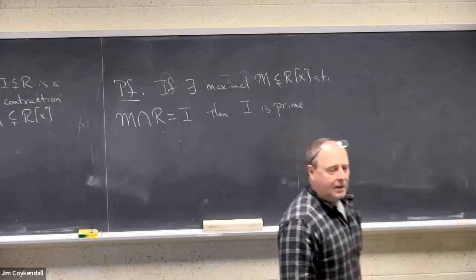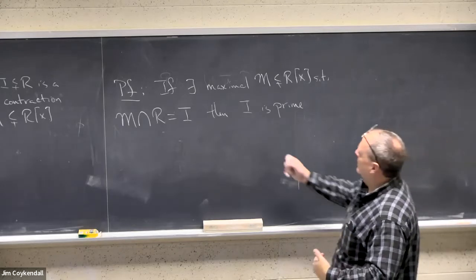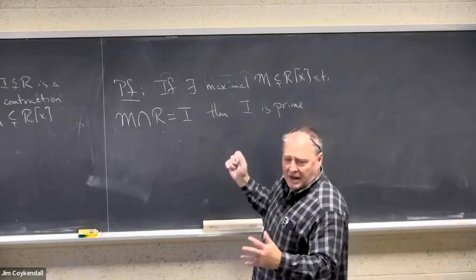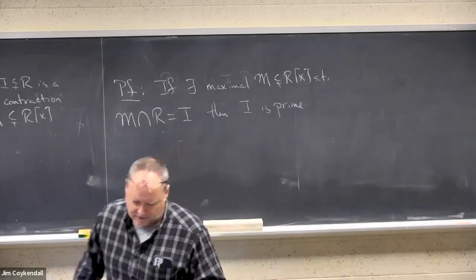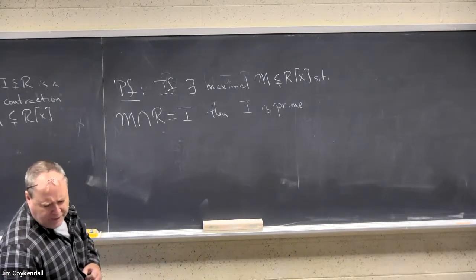Then I is prime. Why is I prime? Well, because M is maximal, and I showed you before that if you have any prime ideal and you intersect it down to a smaller ring, it remains prime. Maybe not maximal, but it retains its prime status.